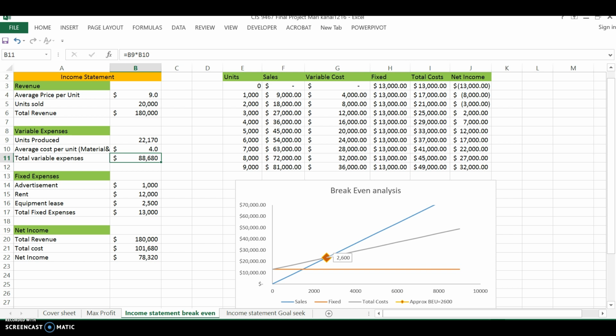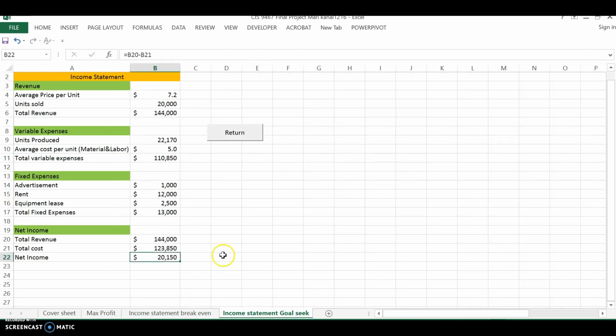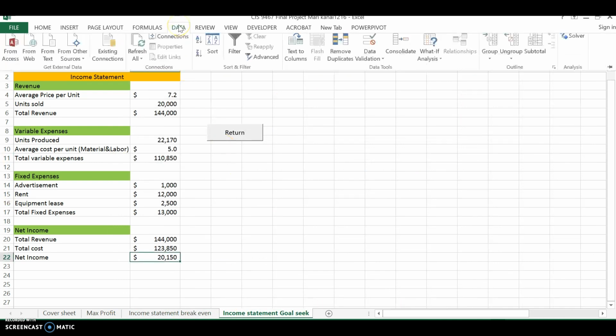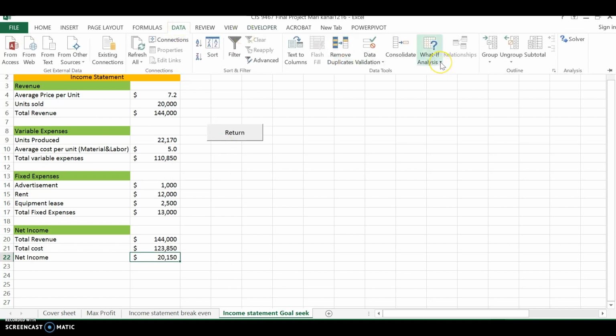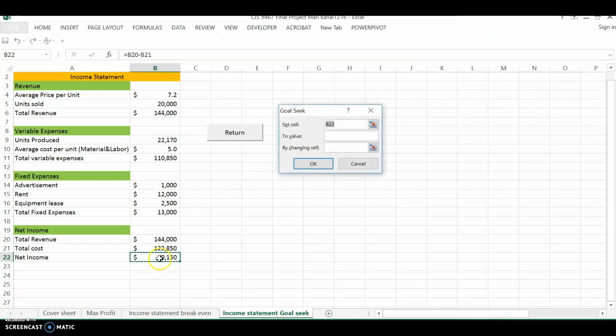Now I will use the Goal Seek function to show the break-even point in different scenarios. Go to Goal Seek, set the net income value to 0.